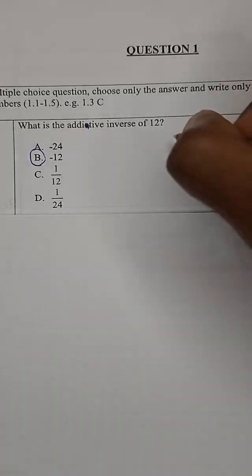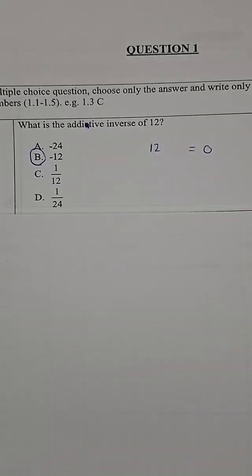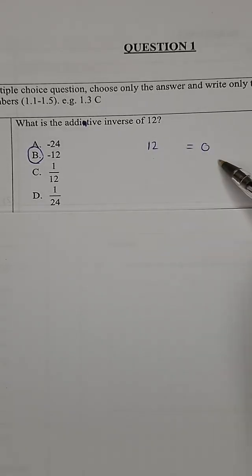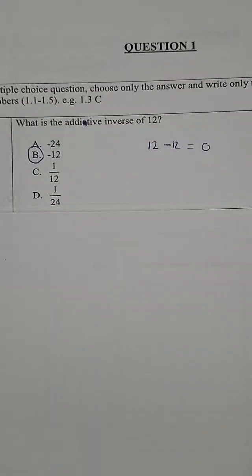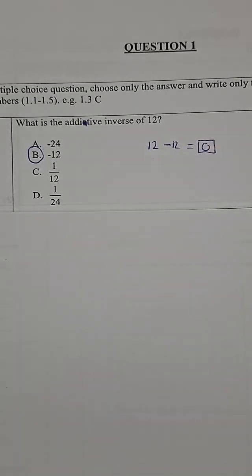The additive inverse of, let's say, 12: the goal of an additive inverse is to add a particular number to the number given that will basically give us 0. So if 12 is positive, what number can be added to 12 to give us 0? Then obviously that is negative 12.